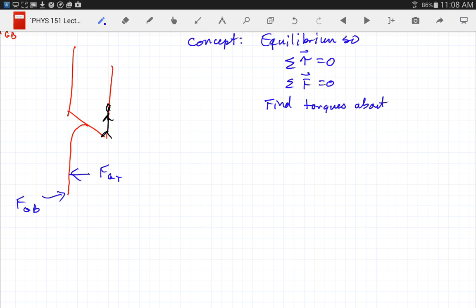So I'm going to want to find this force, and I believe I told you the mass of that person. Where should I sum the torques to make this as simple as possible? And I always just put a label there. A. Sum torques about A. So force ground top makes no torque.